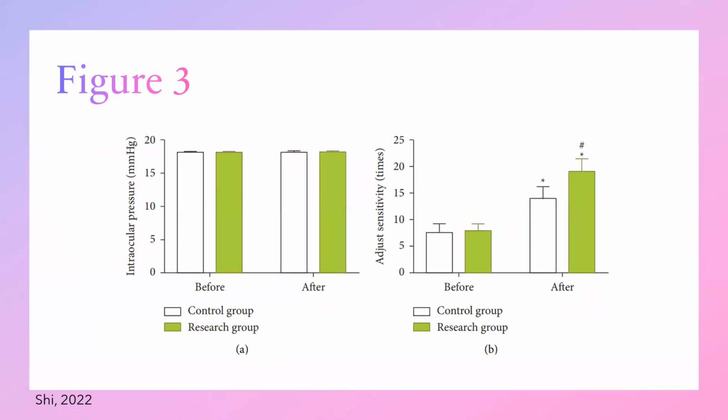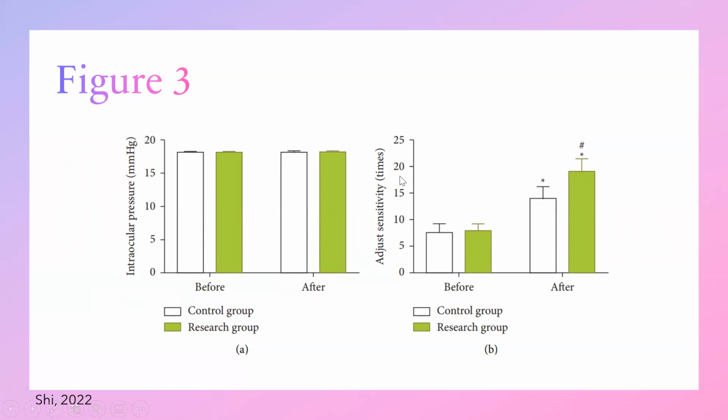In figure 3, we are able to analyze data from intraocular pressure and the adjust sensitivity. Graph A shows measurements of the intraocular pressure before and after the experiment. There are no significant changes in pressure before or after.